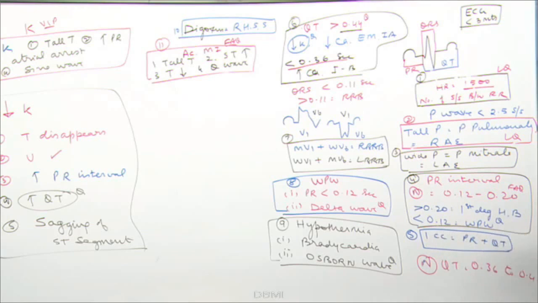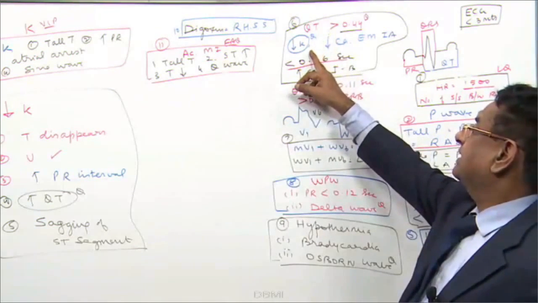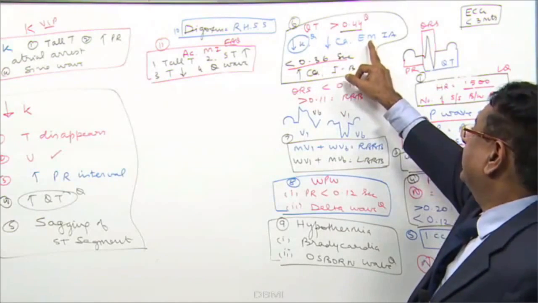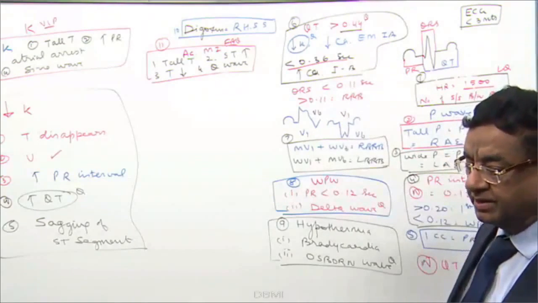in WPW syndrome. Box number 5, one cardiac cycle is PR plus QT. Box number 6, prolonged QT is seen in hypokalemia, hypocalcemia, erythromycin, class 1A drugs.